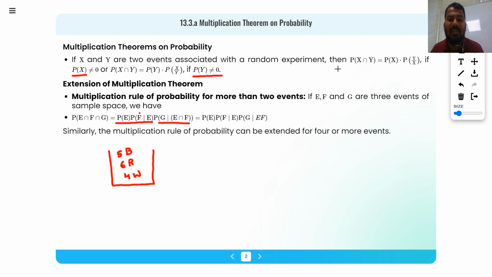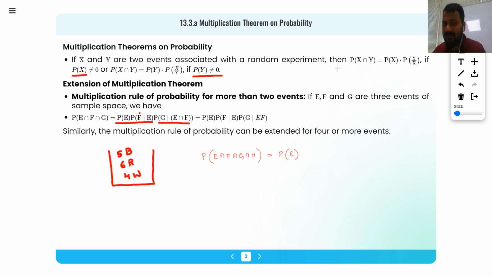So this is how you're going to take it out, and if they are going to ask for 4 terms, you can keep continuing it like this. I'll show a basic example for 4 terms. For example, if they have given probability of E, F, G and H, then probability of E is the first one.